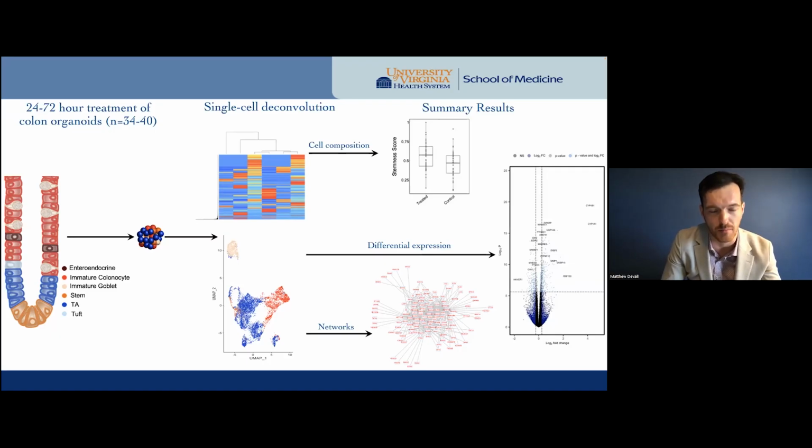By this, we've been doing machine learning approaches to estimate the cellular environment and differences in cell composition that occur following exposure to various different carcinogens or chemopreventive agents or potential chemopreventive agents.